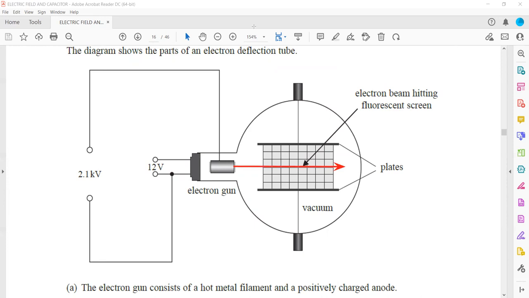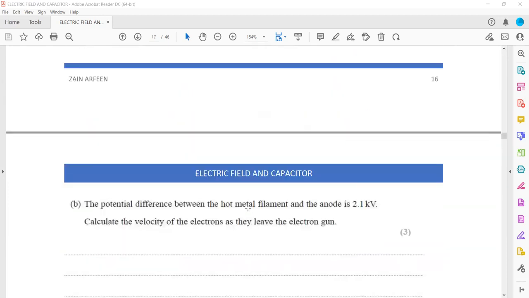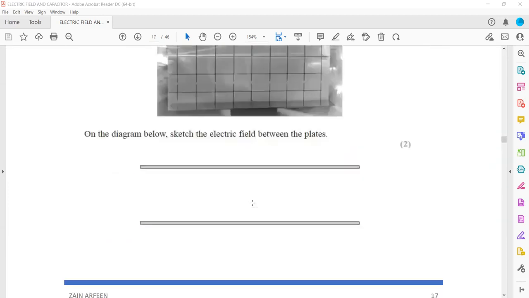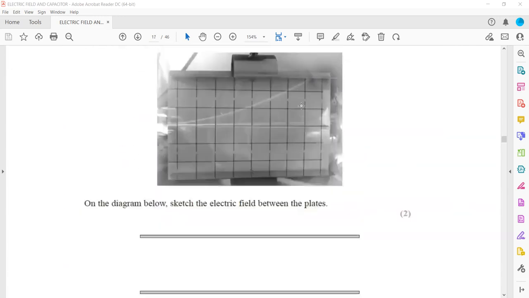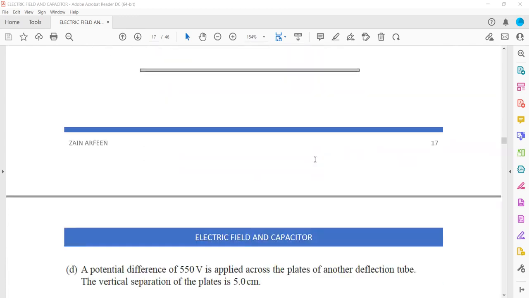But when we apply the electric field, top side positive, bottom negative, we observe a deflection: the electrons are deviated or change their path. The vertical separation of the plates is 5 centimeters.